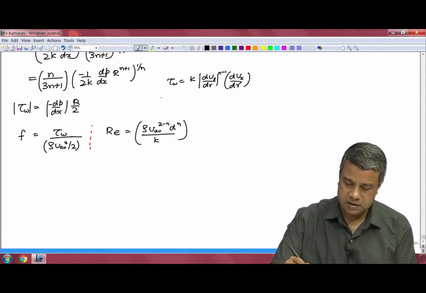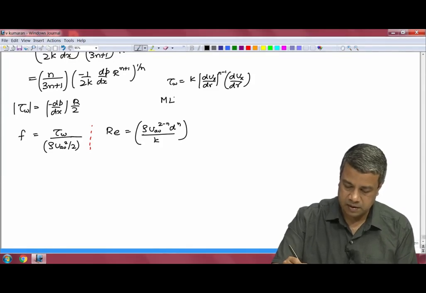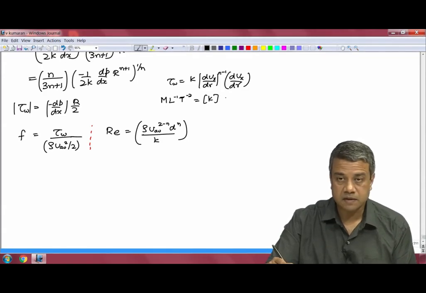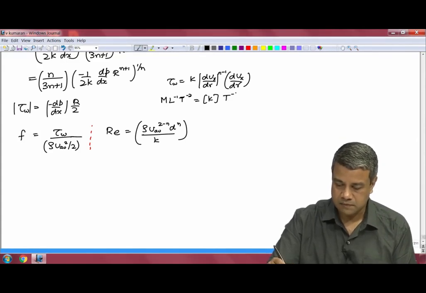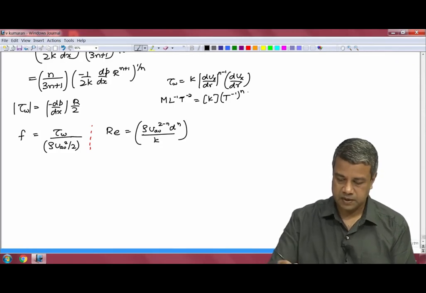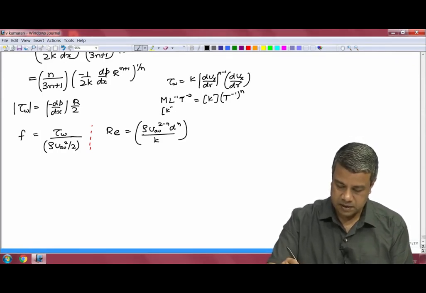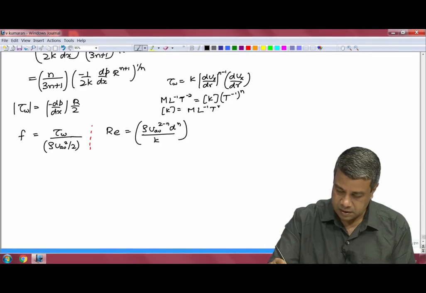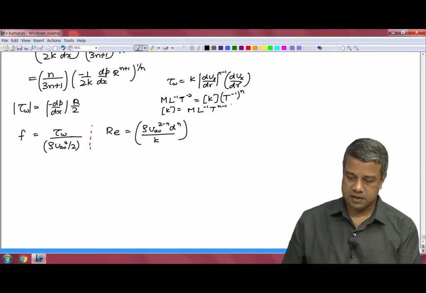If I take the dimensions, the stress has dimensions of M L inverse t power minus 2, force per unit area, which is equal to the dimension of kappa times the dimension of the velocity gradient. Velocity by distance is t power inverse, okay, power n, which means that kappa has dimensions of M L inverse t power n minus 2. Okay, that is the dimension of kappa.